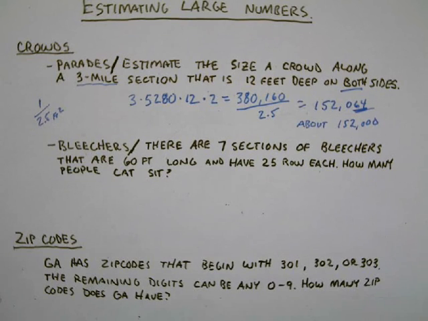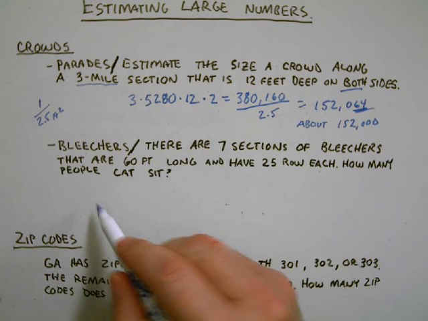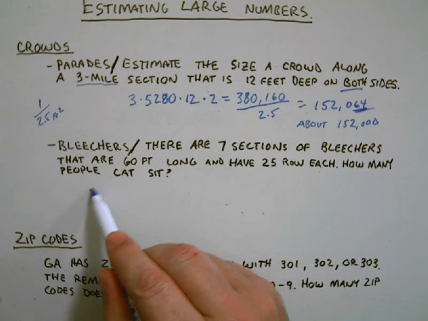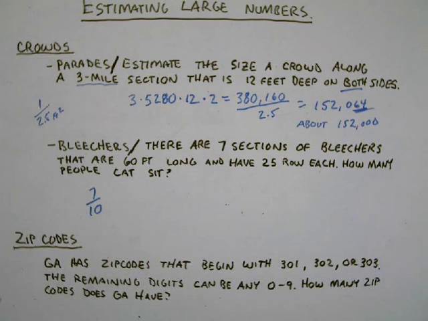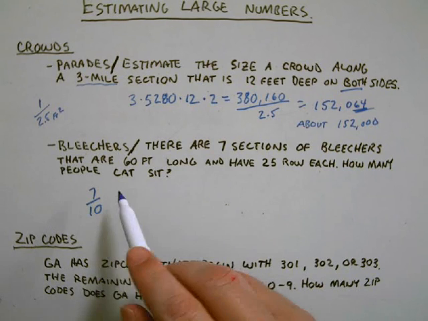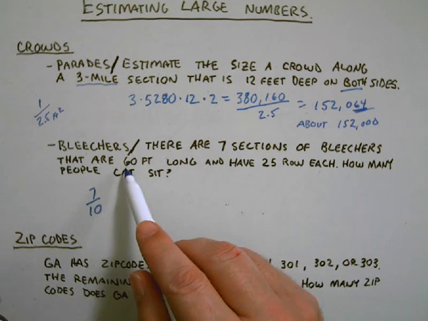Crowds for bleachers were done a little bit differently. If you remember, we went out to the bleachers and we sat comfortably. We found out that 7 people per 10 feet worked pretty well where people sat comfortably. So at this point, we just want to calculate all the different parts.